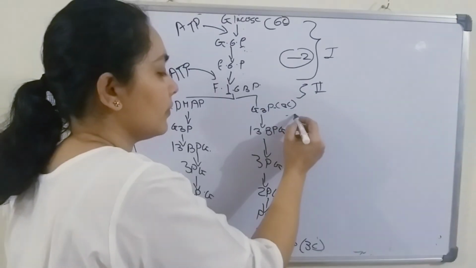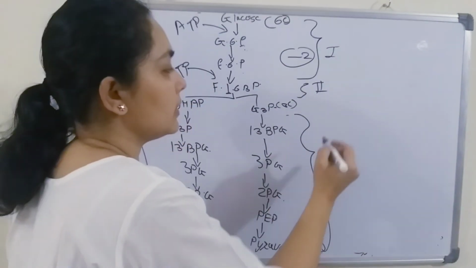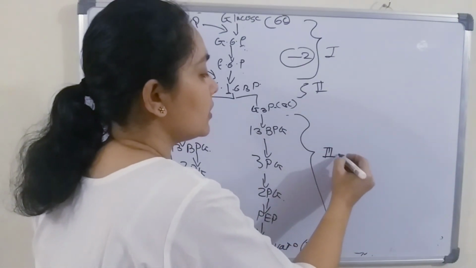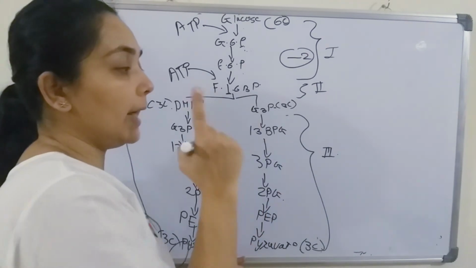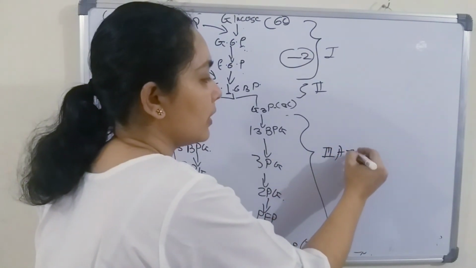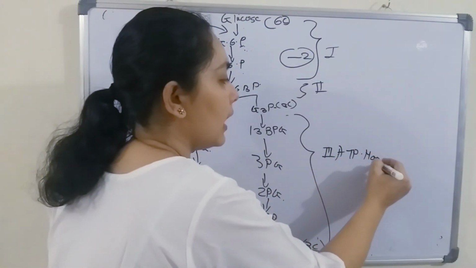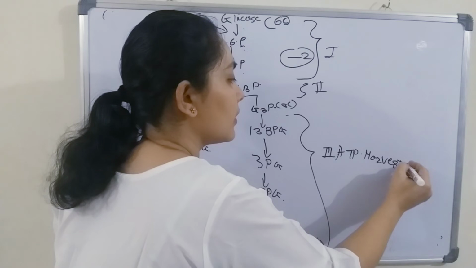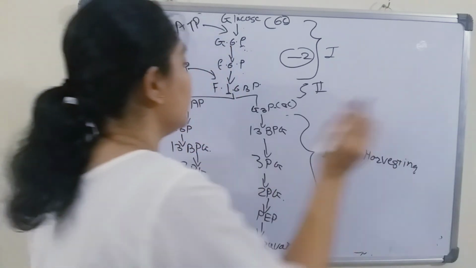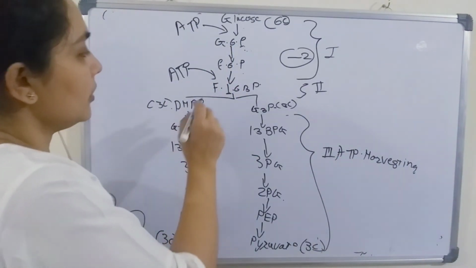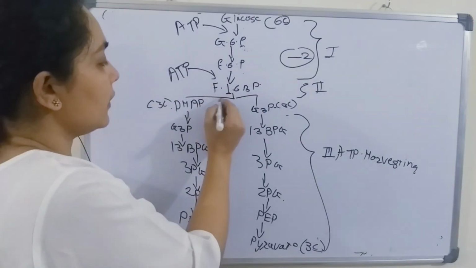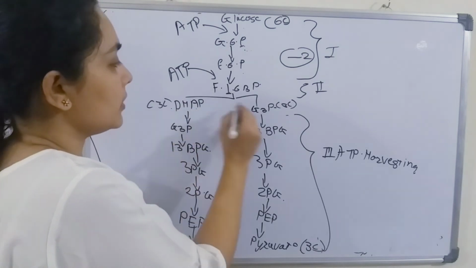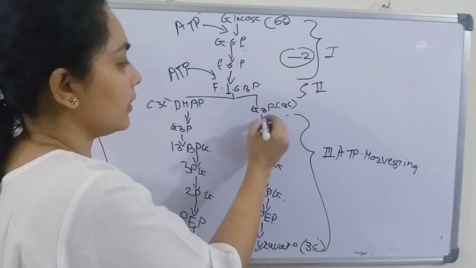And the third step is known as the ATP harvesting stage. So fructose 1,6-bisphosphate will be cut into dihydroxyacetone phosphate and glyceraldehyde 3-phosphate.